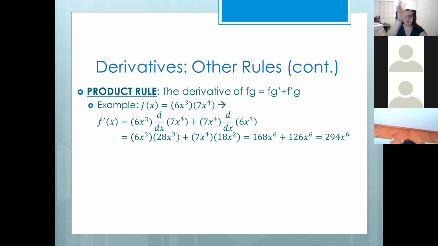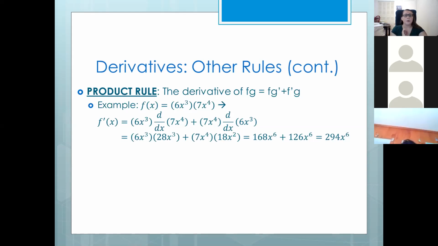So we bring f down, 6x cubed. We take the derivative of g, so d dx, 7x to the fourth, plus our function g, 7x to the fourth, times the derivative of f, so d dx, 6x cubed.